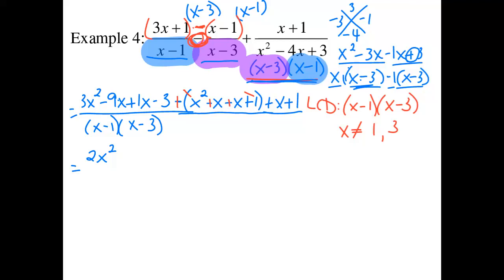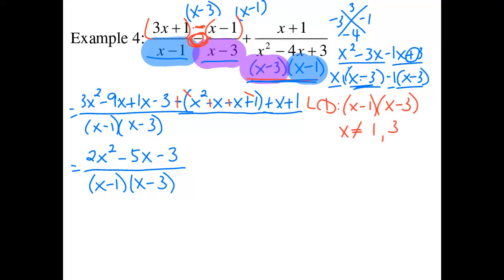I see negative 9 and then 4 additional x's, so that'd be negative 5x. And then we've got negative 3 and positive 1, and another negative 1, so that would be negative 3. And still all over x minus 1, x minus 3.